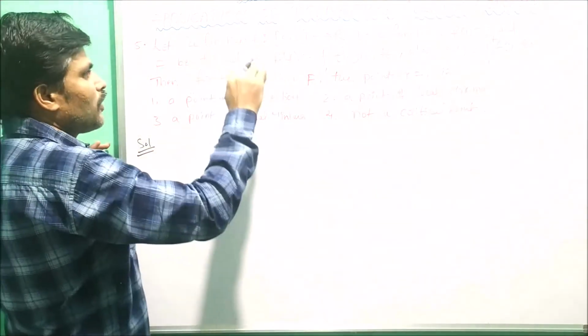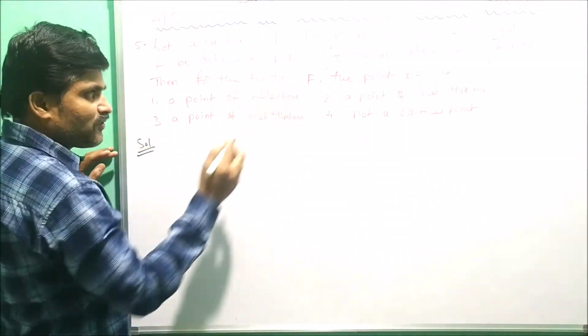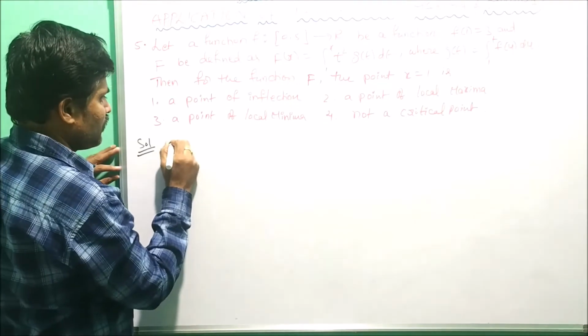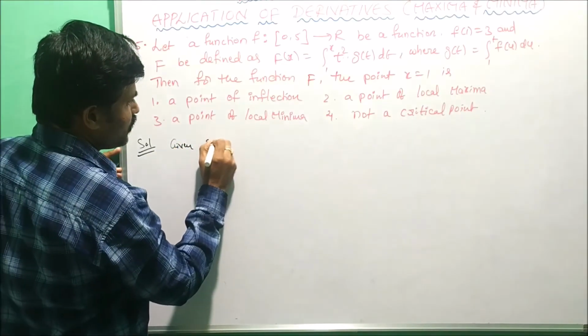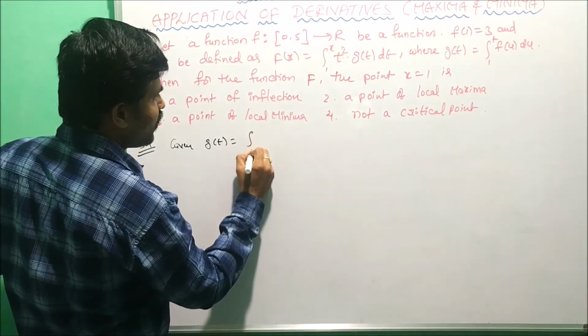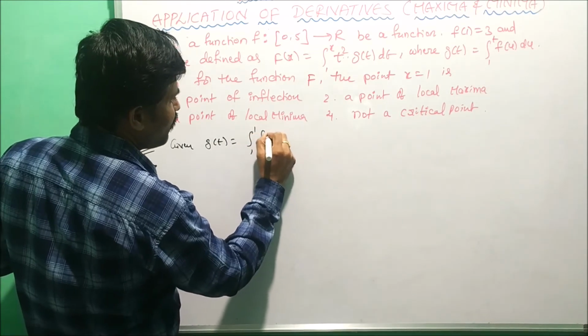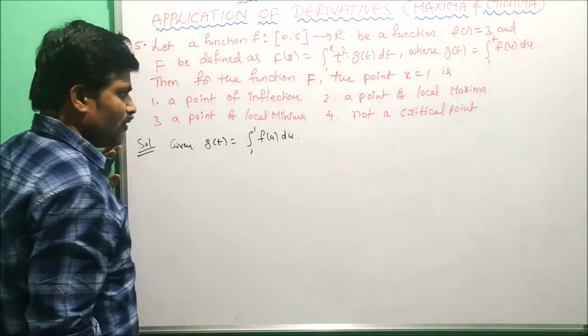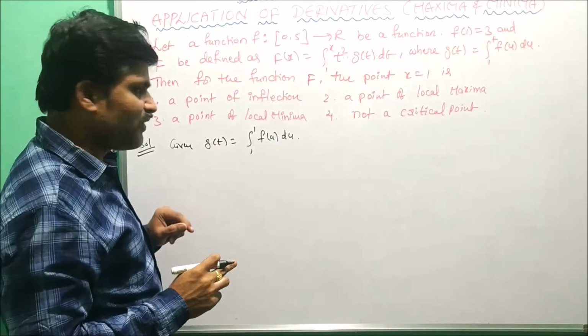So in this problem, first of all, we take g of t, given g of t equals integral 1 to t f of u du. First we find the derivative of that function.